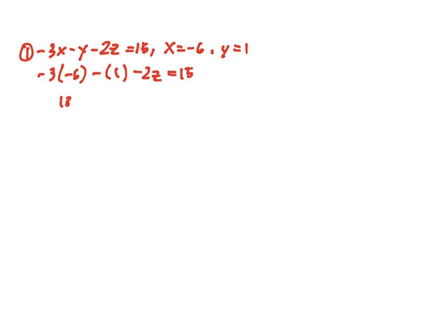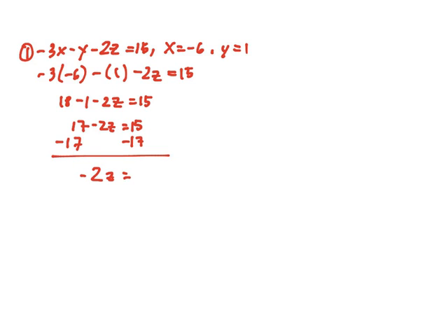So that's 18 minus 1 minus 2z equals 15. So that's 17 minus 2z equals 15. Subtract 17 from both sides. So I get negative 2z equals negative 2. So z equals negative 2 divided by negative 2, which is 1. Okay, so my final answer is negative 6, 1, and 1.